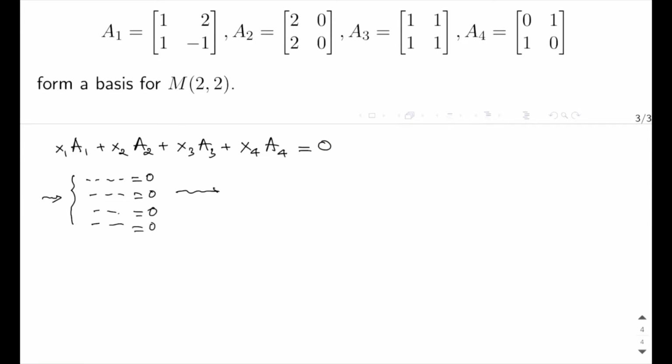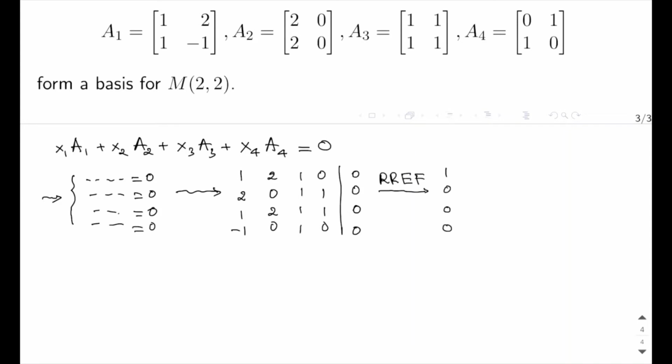Now you are going to form the augmented matrix for this system. If you do everything correctly, the augmented matrix should look like this. And then you will have to row reduce it to an echelon form. If you do everything correctly, you should get something like this. So now from this equation, you know that x4 has to be 0, and x3, x2, x1, all of them will have to be 0.